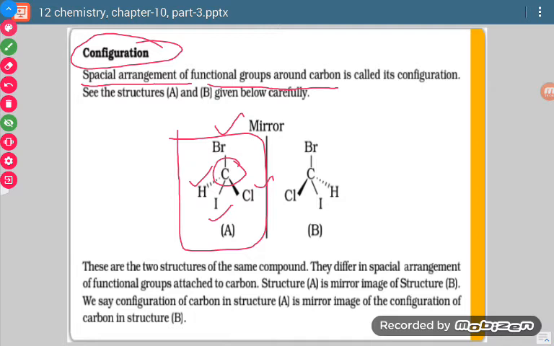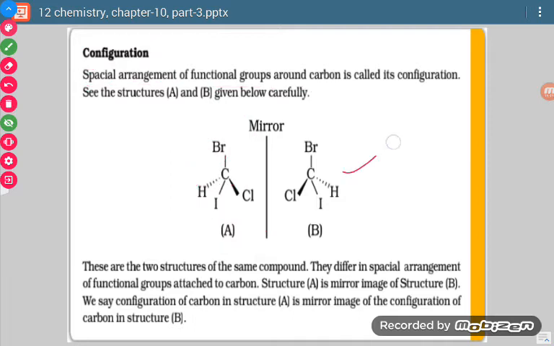Now if we see its mirror image, this is the mirror image. These two represent the same molecule, but the difference is that the configuration in case of A is totally different from the configuration in case of B. So I think it is clear what configuration is: just how the atoms attached to the central atom are placed in space. A similar molecule can have different configurations, just like here A and B show different configurations.